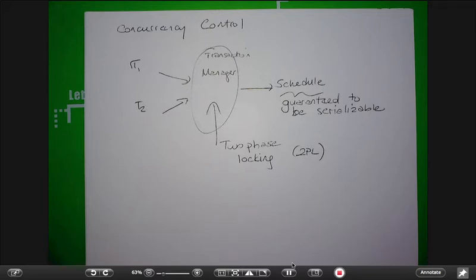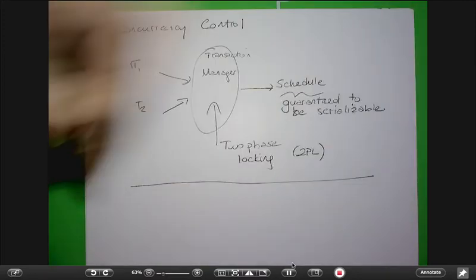So just to see how that works, let's try to see how, for example, one schedule may or may not happen. But this time I'm going to use the version we just started to talk about at the end of last class, which was using two types of locks.